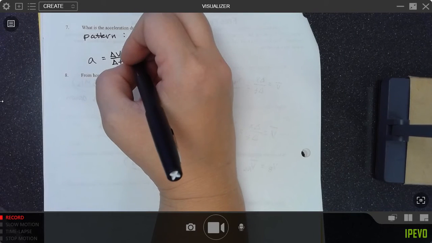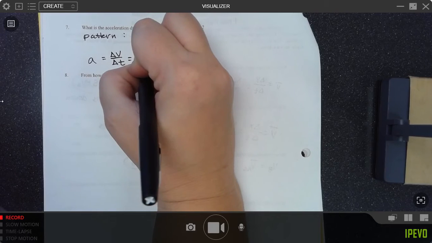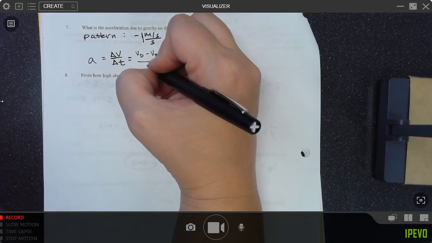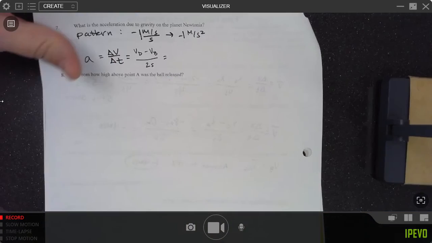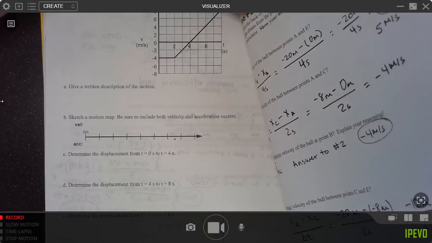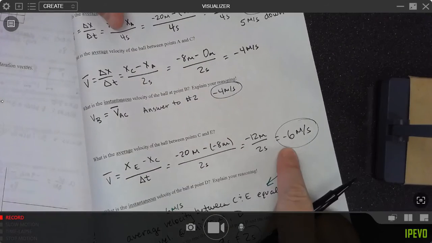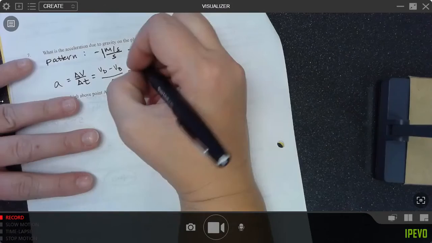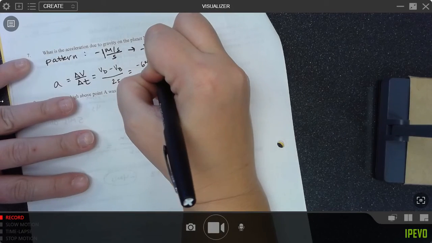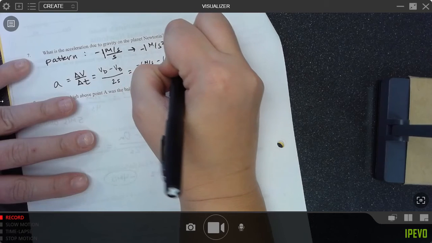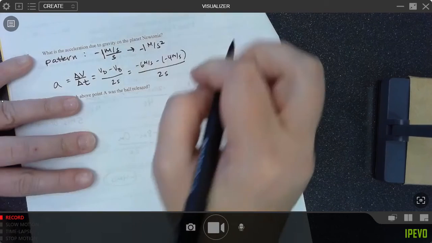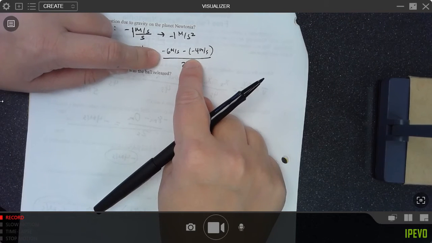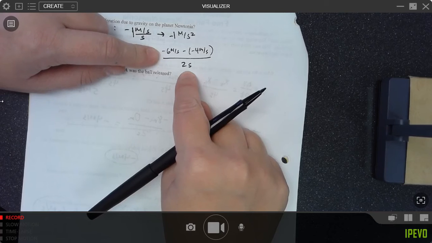Because we calculated those specifically for instantaneous velocity. So if we do our velocity at D minus our velocity at B and divide it by the amount of time between them, which is 2 seconds. D is minus 6, B is minus 4. So we're going to do minus 6 meters per second minus minus 4 meters per second divided by 2 seconds. So minus 6 plus 4 gives me minus 2 divided by 2 seconds.